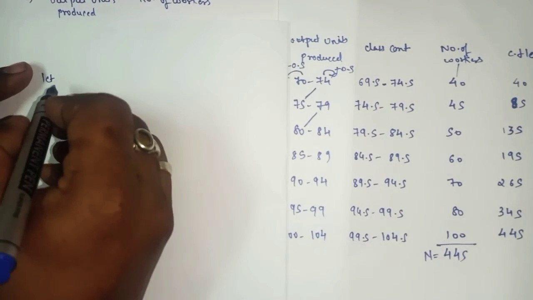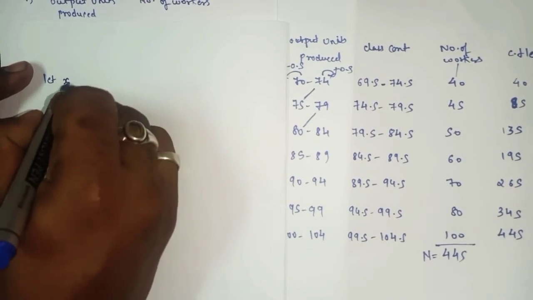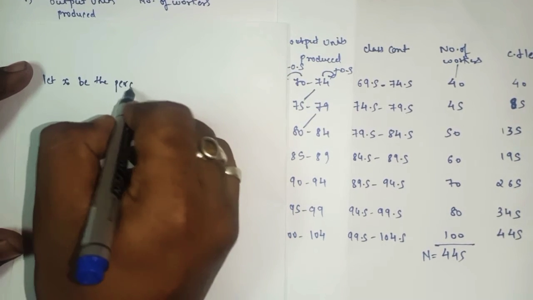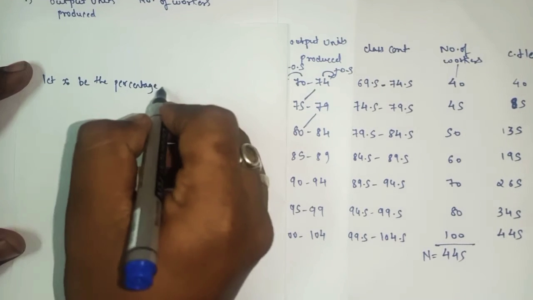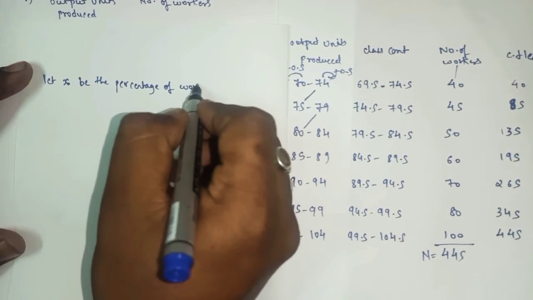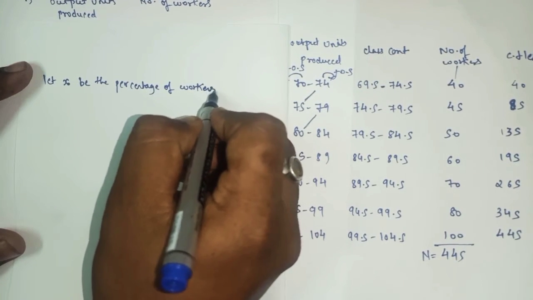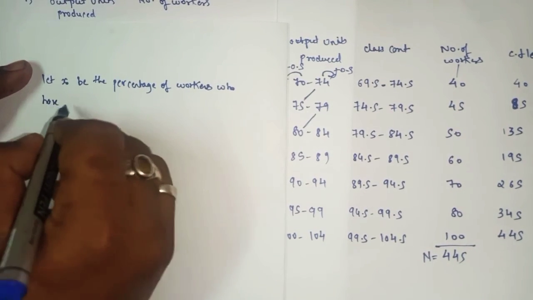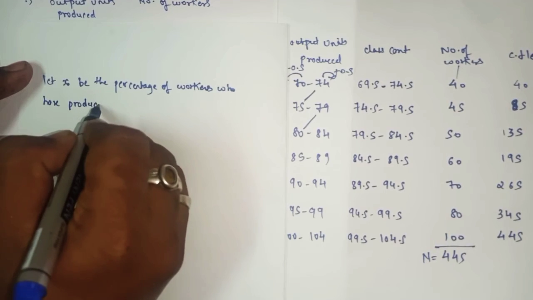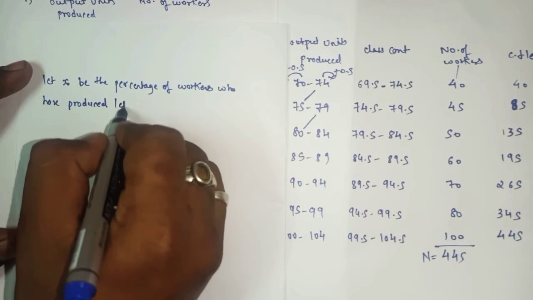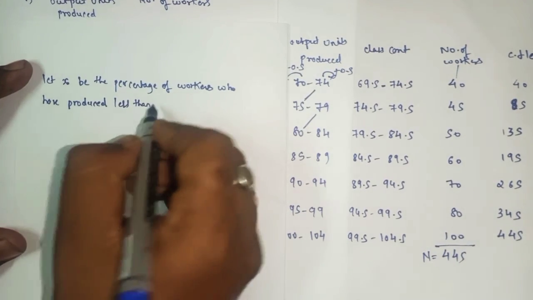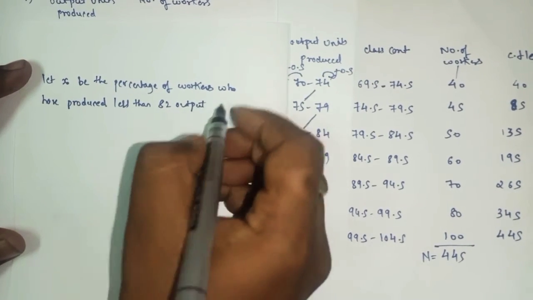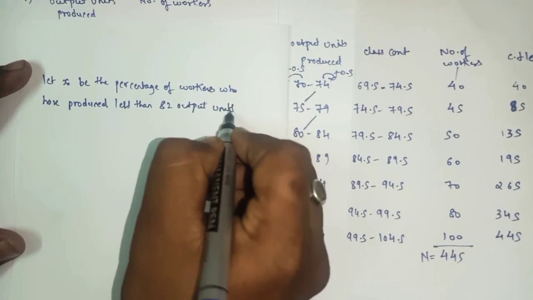Let x be the percentage of workers who have produced less than 82 output units.